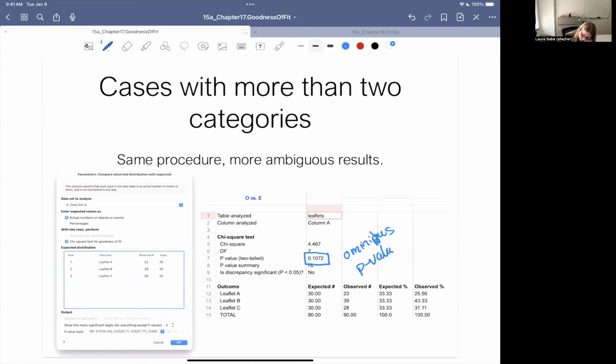It is testing that null hypothesis that the p for leaflet A is equal to 33.3%, and pB is 33%, and pC is equal to 33%.